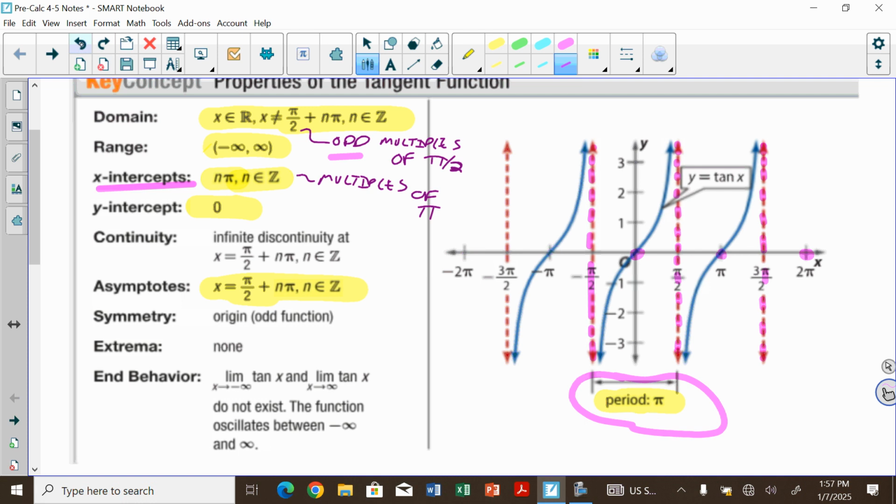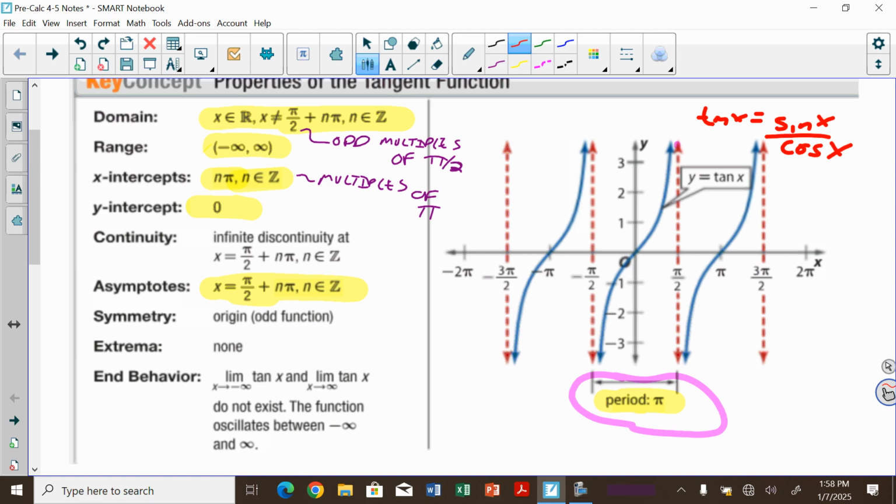Now the asymptotes are there for a reason. You don't have to write this part down, but just want to throw this out there. Remember, the tangent of x is equal to the sine of x over cosine of x.